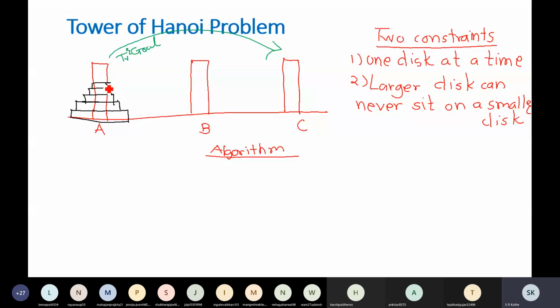So if you remove this first, then it will be on either pole B or C. B is given for the temporary disk placement, because otherwise it cannot be done. This pole B can be used as an intermediate pole to do all this.